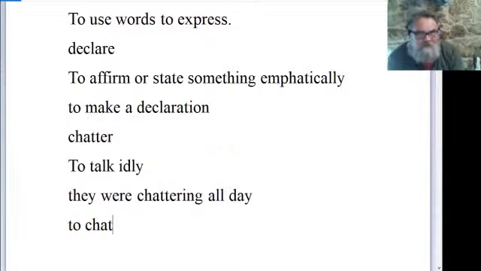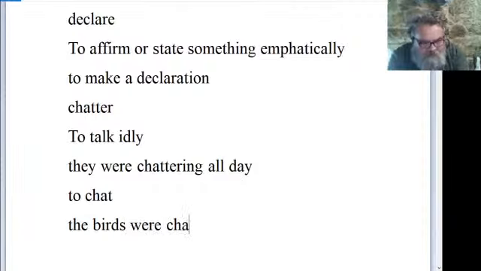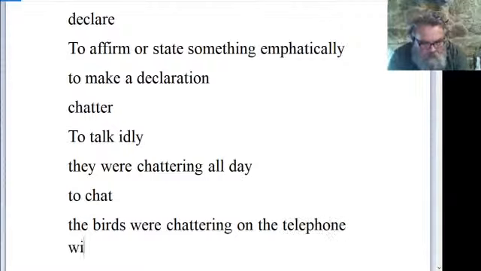So, yeah, chat is something that's probably quite changing with modern technology. Yeah, the birds were chattering on the telephone wire. So they were tweeting. They were making this noise.